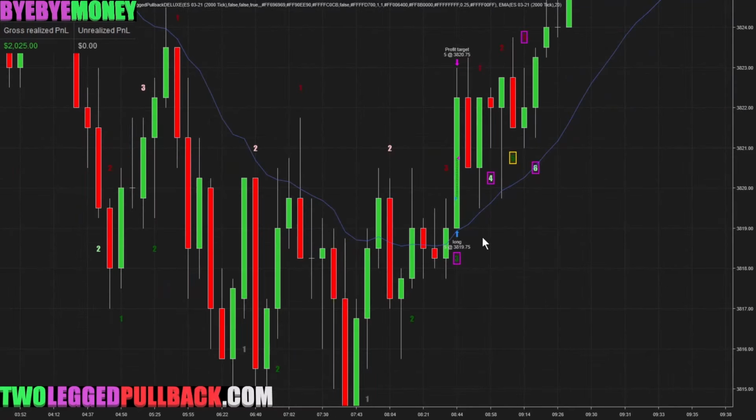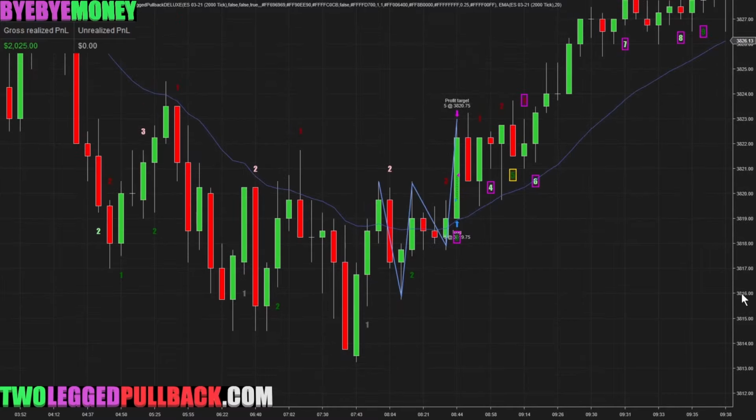The dark green number shows that this is a second entry long. I'll show it right here. You have your first pullback, first entry, second pullback, and after the second pullback, we have our second entry. Not only that, the magenta box shows that this is also a failed second entry short.